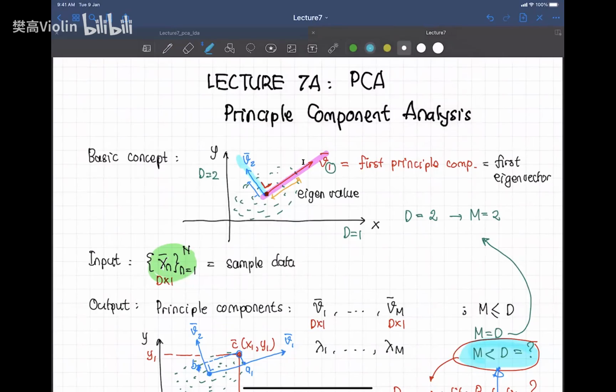So can we remove V1 and start with V2? Well, mathematically you can, but your approximation will be very wrong, because V1 is the first principle, the one that represents the most characteristic of your points distributions.